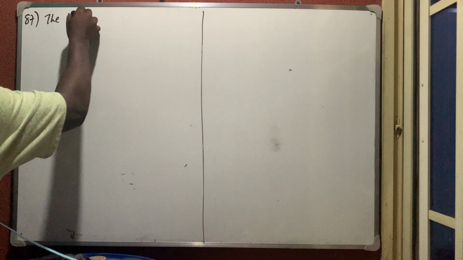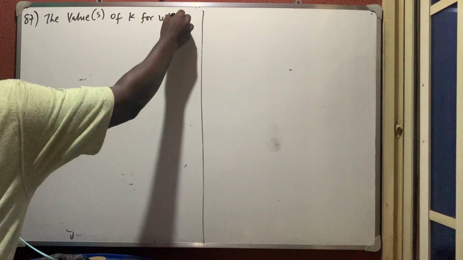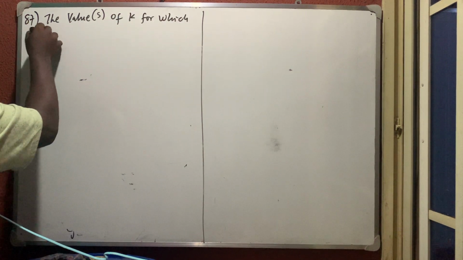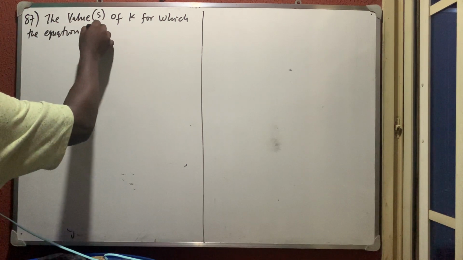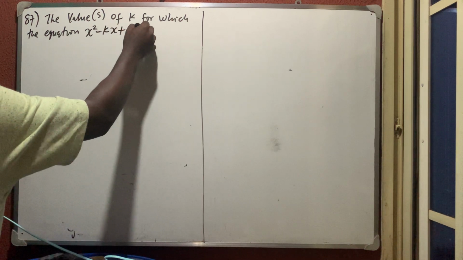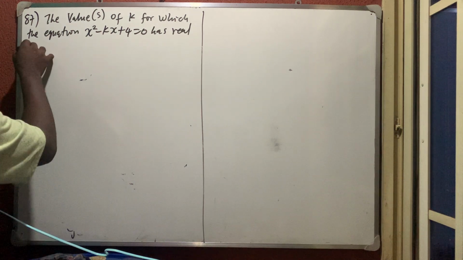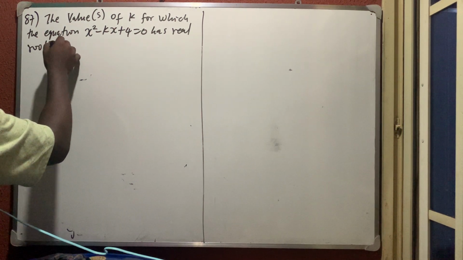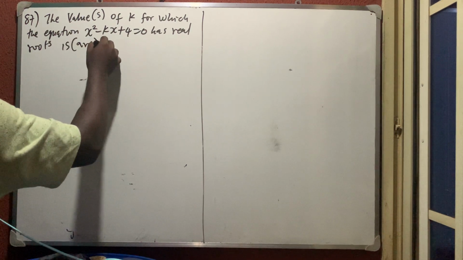Question number 87. Question number 87 said that the value or values of k for which the equation x squared minus kx plus 4 equal to 0 has real roots are, dash.